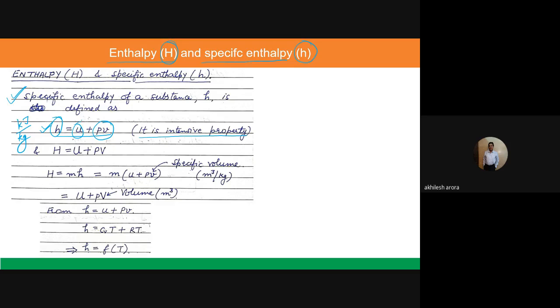This is because small u has the units kilojoules per kg, and small u is nothing but specific internal energy. If I take capital H, it will be equal to m into h, and it will be equal to m into (small u plus p into v). And this v is specific volume.